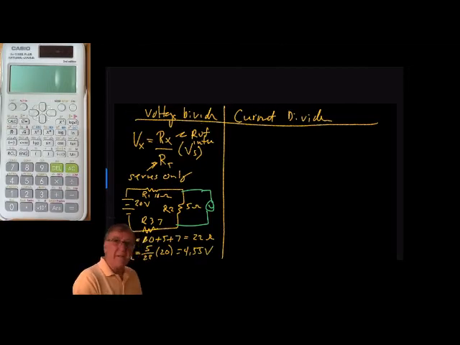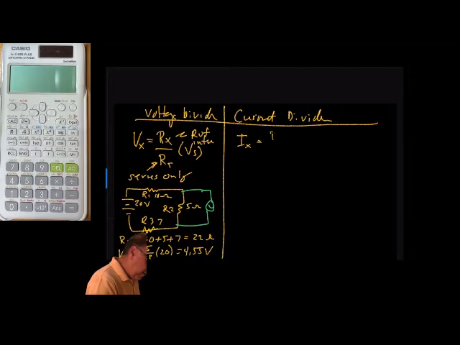Now let's look at the current divider. So we have the current of interest equals our total, which is the parallel piece, over Rx, and that's the resistance of interest.